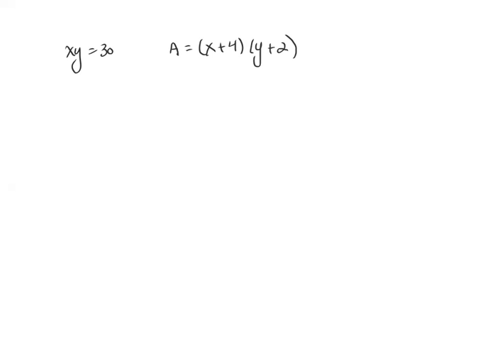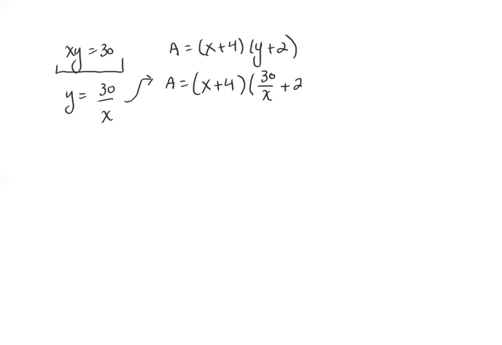Let's make this a function of the variable X, which means I'm going to solve this equation for Y and then substitute it into the area equation. Y is equal to 30 divided by X if I divide both sides by X. So if I put that into the area equation, the area becomes X plus 4, that doesn't change, times Y, which I know is 30 over X, plus 2.